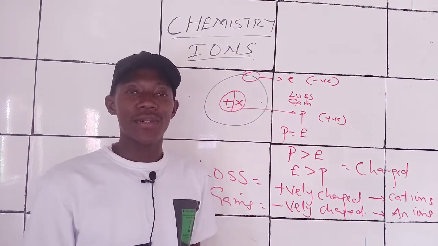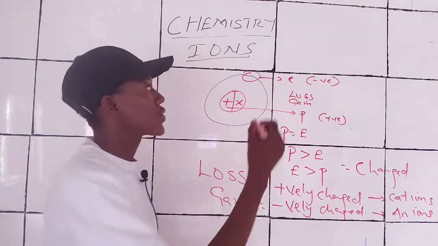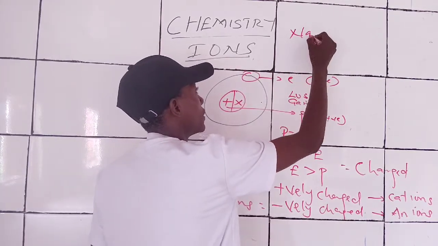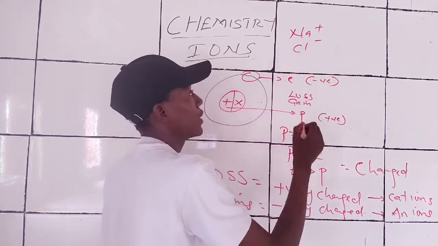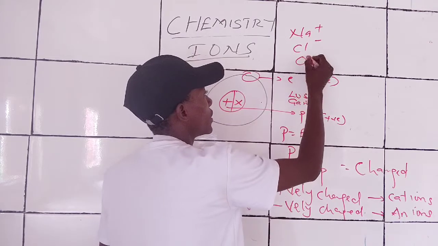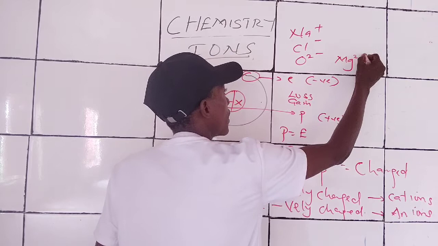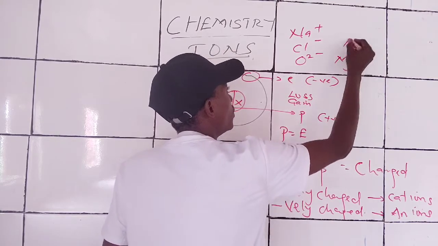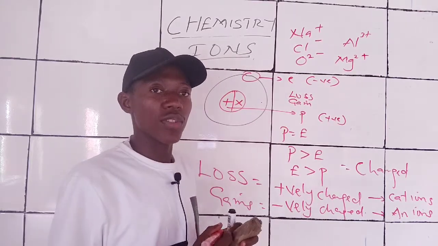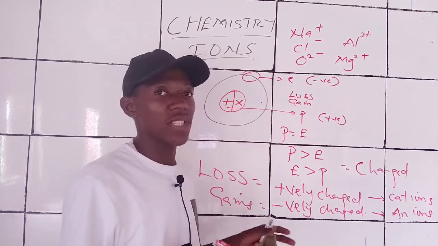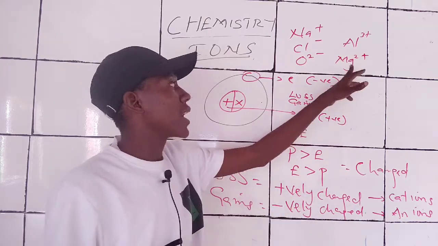As a result of the loss or gain of electrons, this is why you see the sodium ion written like this, the chlorine ion written like this, the oxygen ion written like this, the magnesium ion written like this, and the aluminium ion written like this. Those we see with plus are the positively charged ions, meaning those that have lost electrons, and we call them cations.